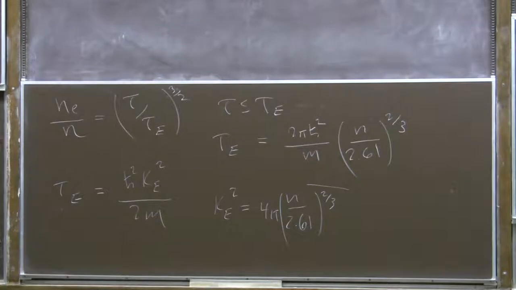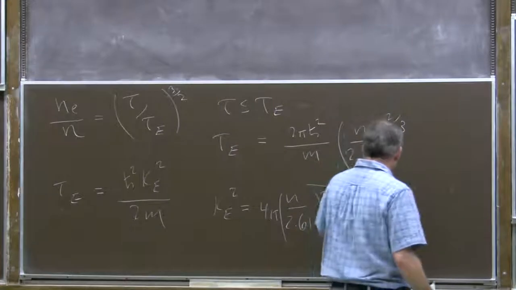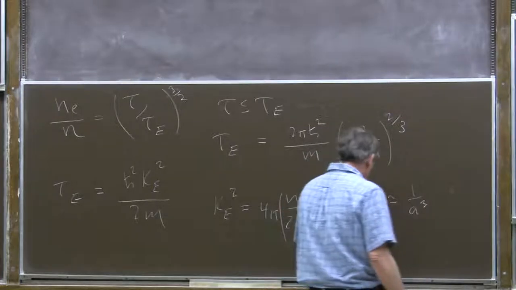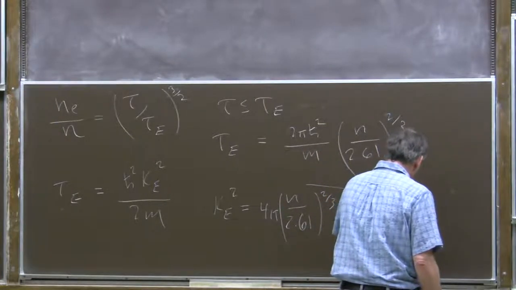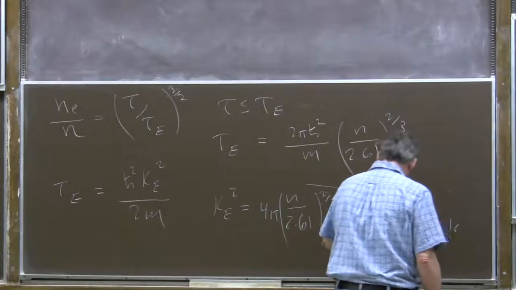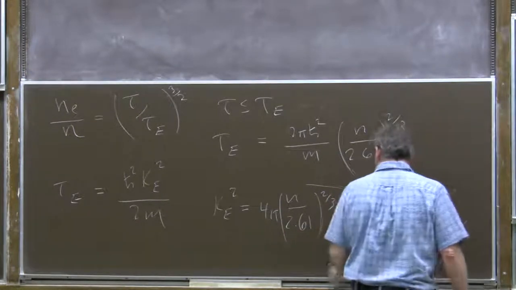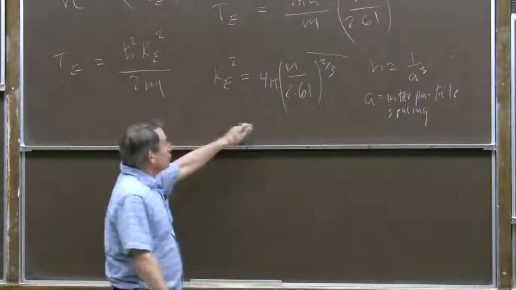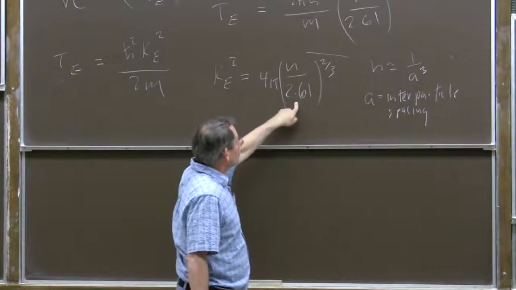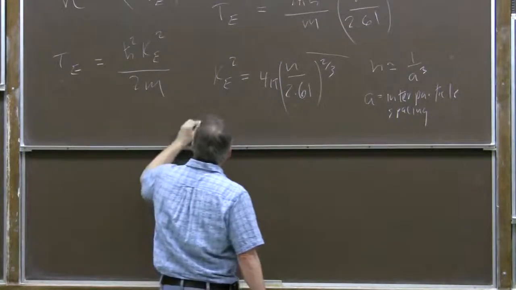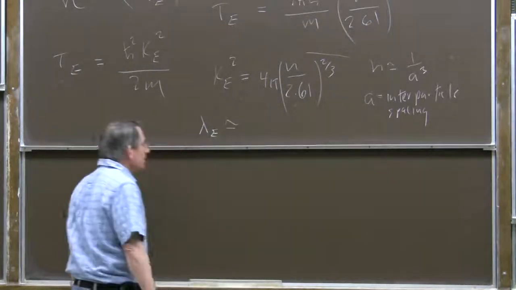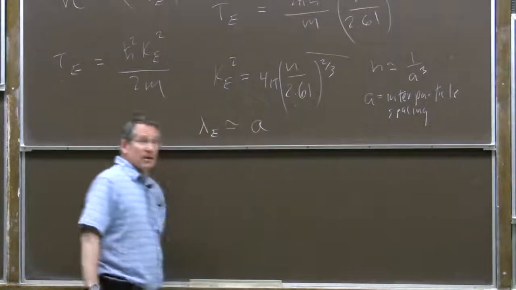And the concentration goes like 1 over the typical interparticle spacing cubed if we're in 3 dimensions. So a equals interparticle spacing. So this goes like 1 over a squared. So in other words, the thermal wavelength at the Einstein temperature, call it lambda Einstein, is of order the interparticle spacing.